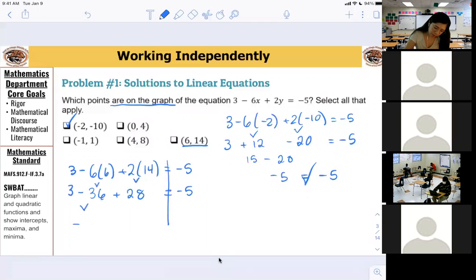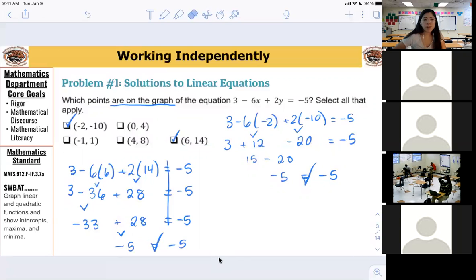Good, -33. And then -33 plus 28, does that give me -5? Yeah, it sure does. So we end up with the same answer on both sides, so I know that this point is correct.